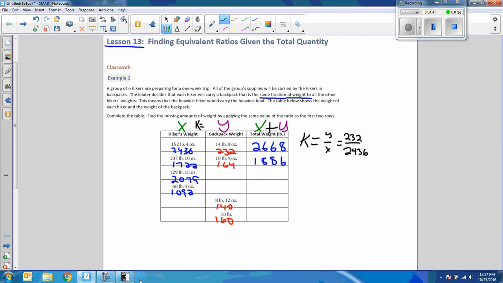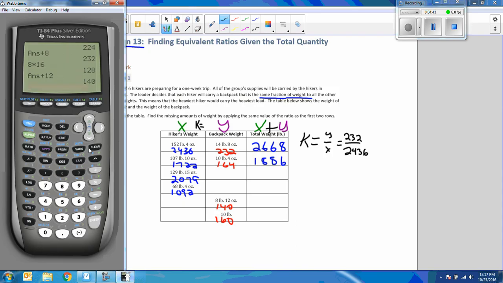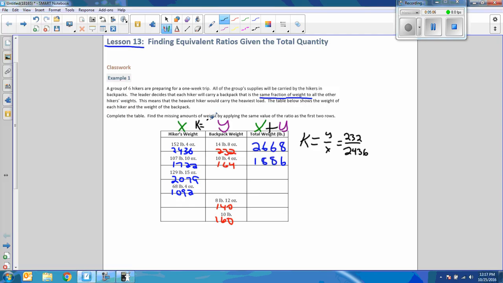Go down to my calculator, 232 divided by 2,436, and I want that as a fraction. Okay, so that's my k, 2 divided by 21.